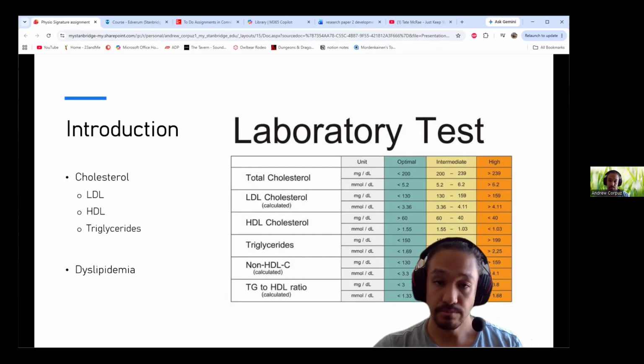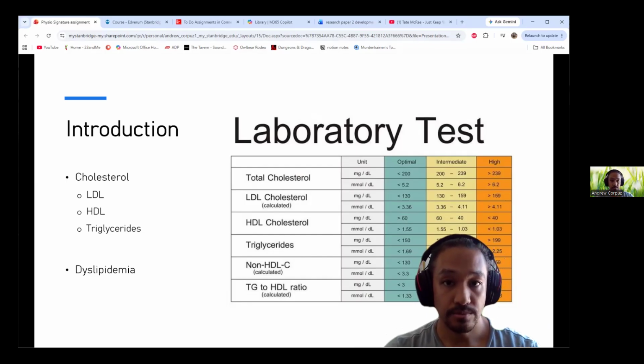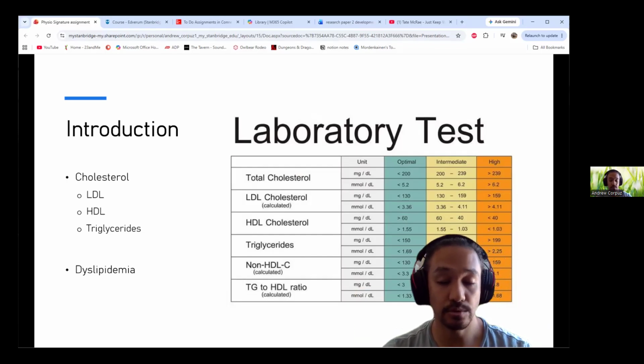Hyperlipidemia: hyper meaning excess, lipid meaning fats, and emia meaning in blood. So hyperlipidemia translates to excess lipids in your blood. It is fair to note that hyperlipidemia in some cases may correlate with dyslipidemia, which is abnormal lipid levels in blood.